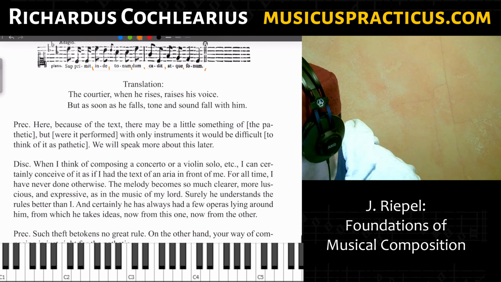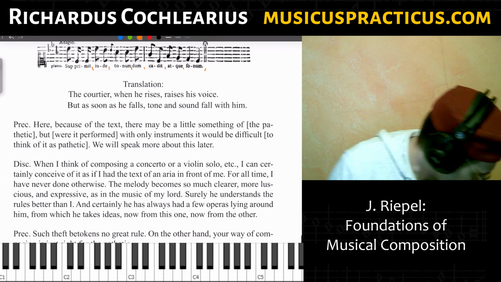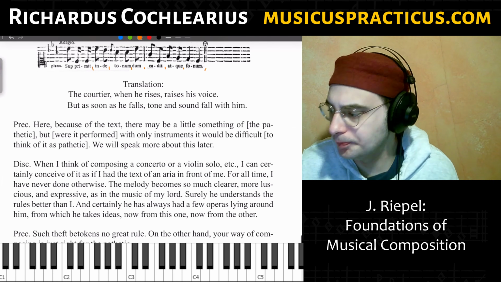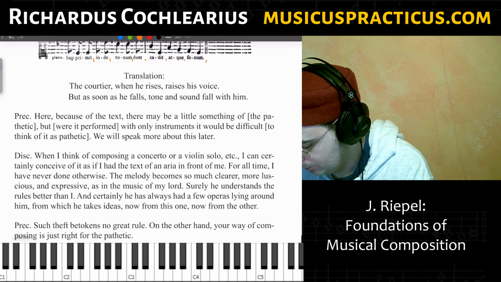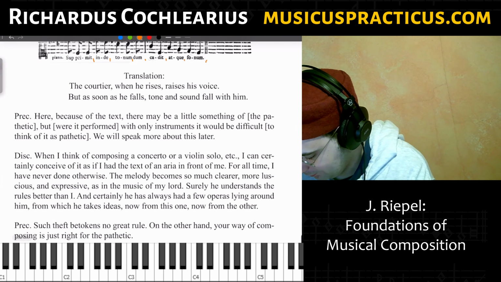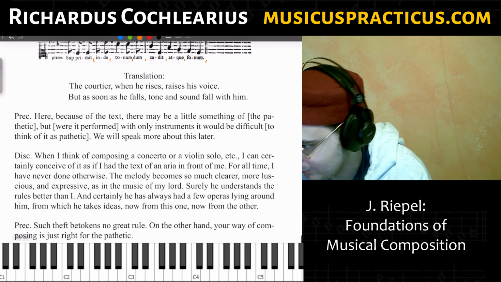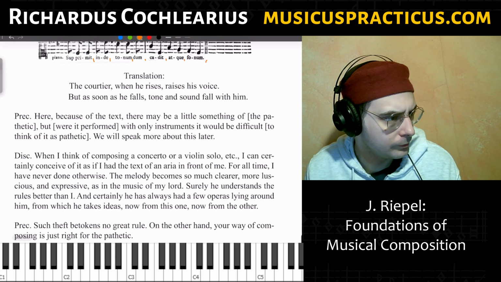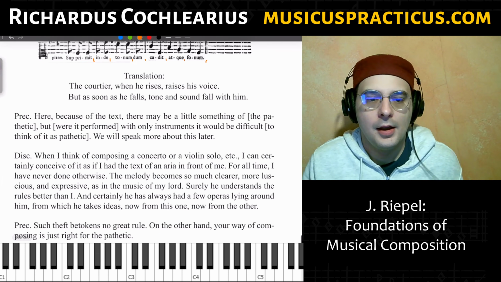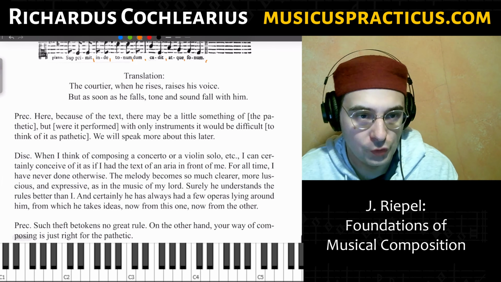Okay, ready to continue with water. Now, let's continue our journey together with Riepel and let's start this new point.